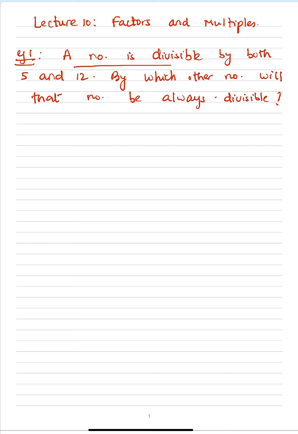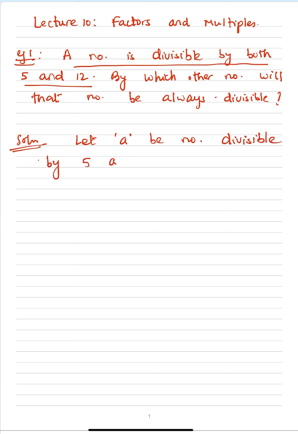They have said a number is divisible by 5 and 12 both. The meaning of this is, let A be the number divisible by 5 and 12. Then we have to find some other number by which this A is always divisible.